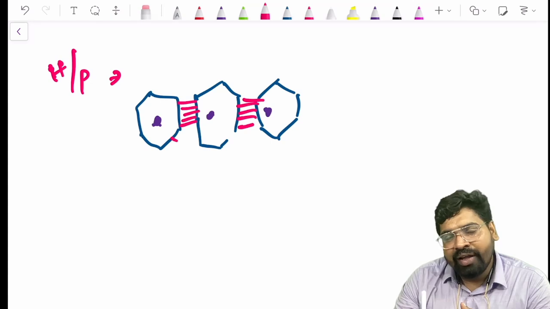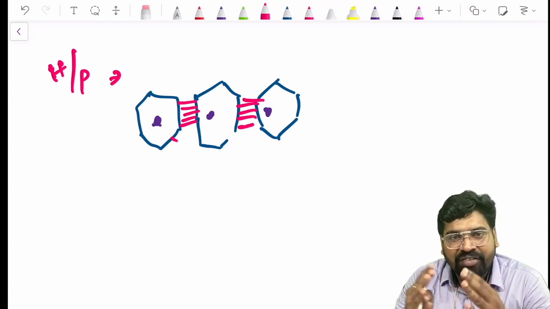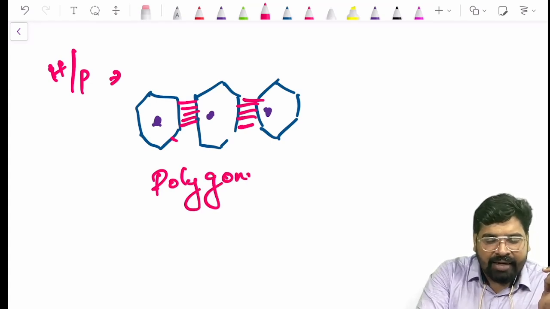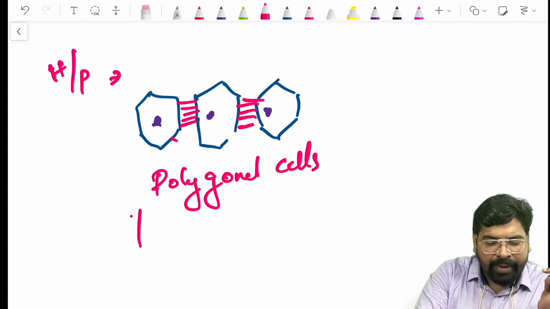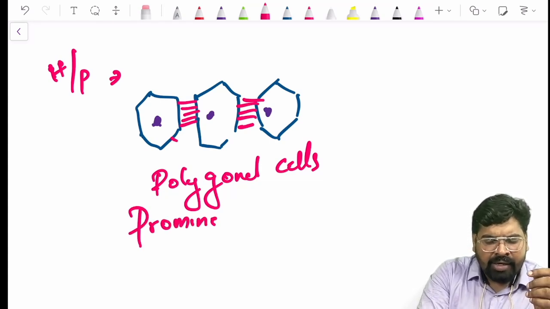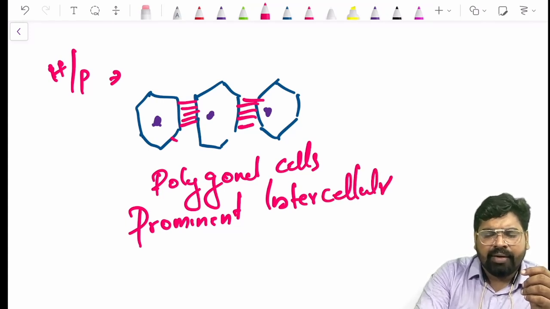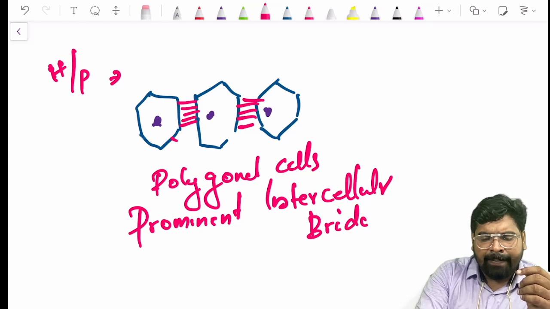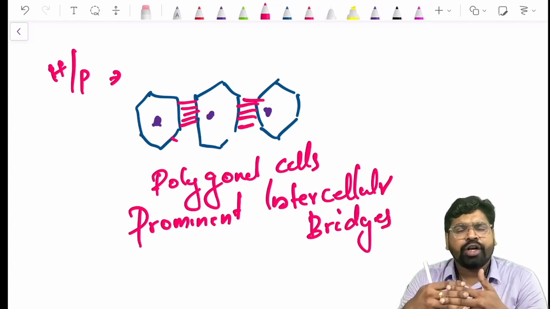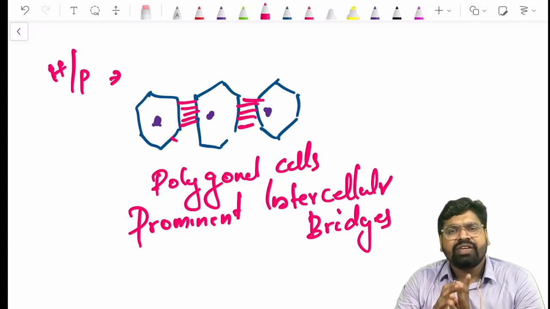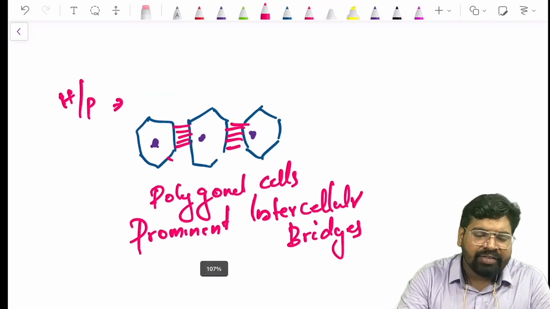In CEOT, the striking feature is polygonal cells with very prominent intercellular bridges. It means they are very much bonded and connected to each other. That is one important feature of CEOT.